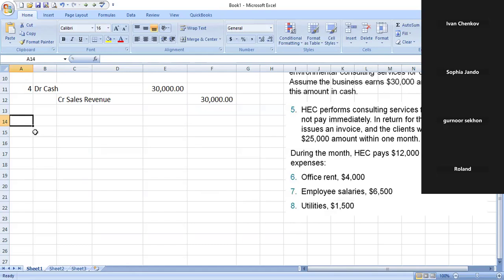And since it's on account, it's going to be accounts receivable. Thank you, Sophia. Let's go now. Debit. What are we going to debit? Accounts receivable, yes. Let's go with debit accounts receivable.